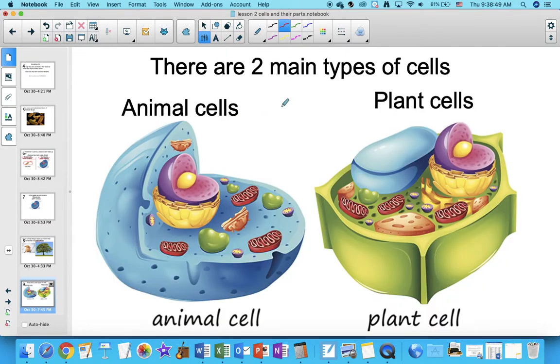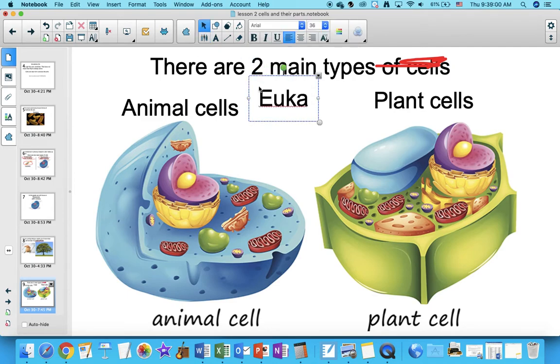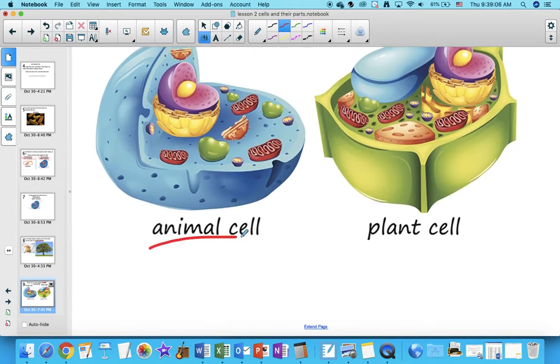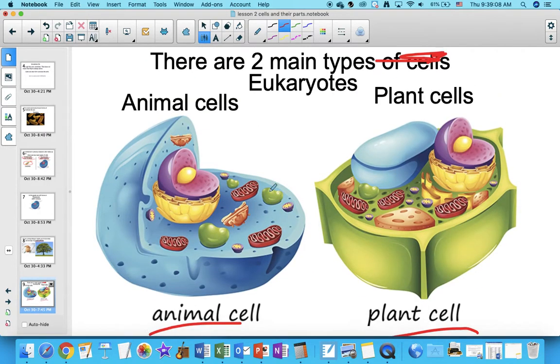So there are two types. Now it says two types of cells. I should say two types of eukaryotic cells. Two main types of, you know what, I'm just going to cross that out and type in eukaryotes, right? Two main types of eukaryotes. You got your animal cell and you got your plant cell.